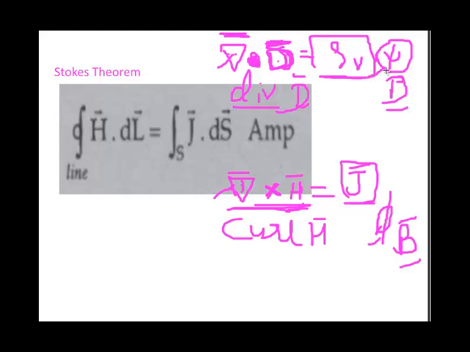So in this case, if you take dot product with D, the displacement density, then it will give you volume charge density. Then if you differentiate H with the help of vector differential operator using cross product, then it will result in current density.